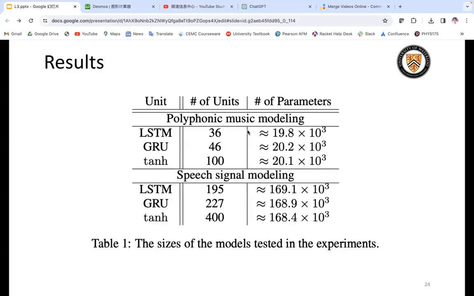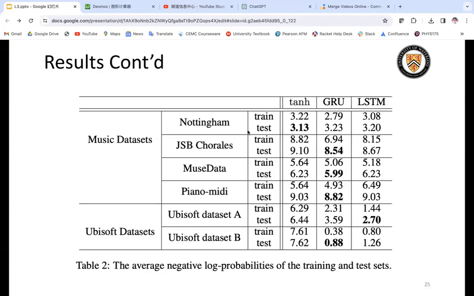And for the regular RNN, we have 400 units, and the number of parameters is 168.4 times 10 to the power of 3. So you can see that LSTM and GRU require fewer units than the regular RNN, and the number of parameters are comparable. Now let's look at the results.